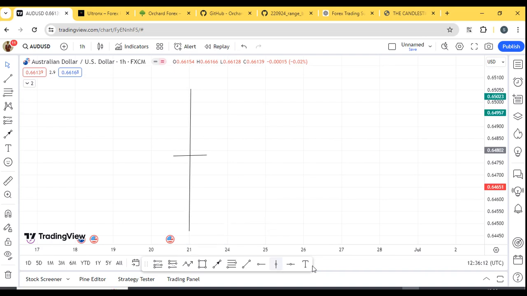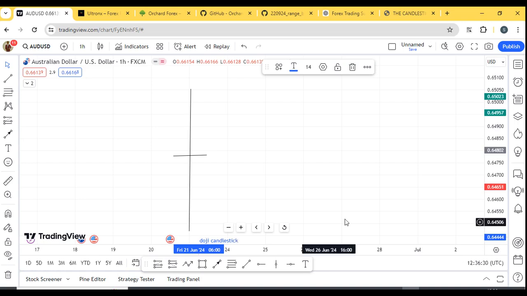Sometimes we call it an indecision candle. That is how it is spelled. A doji candlestick.